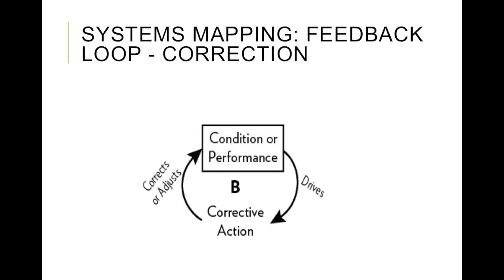But systems can also have another feedback loop, which is the balancing feedback loop, or the correcting or the dampening feedback loop. Basically, you have a condition or a performance, and because of that, you do something, and that something takes a corrective action on the condition that you have.